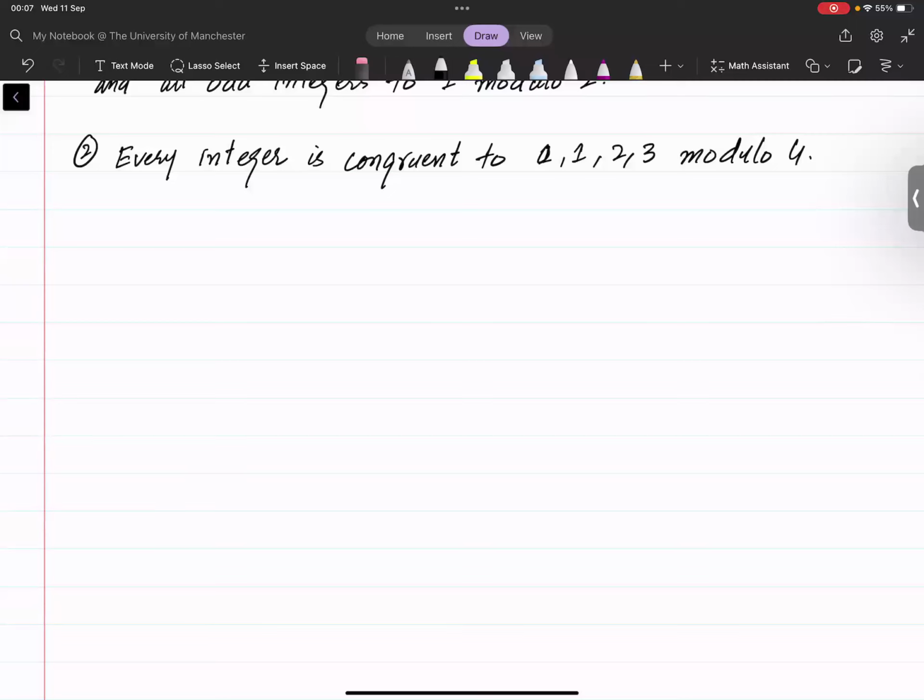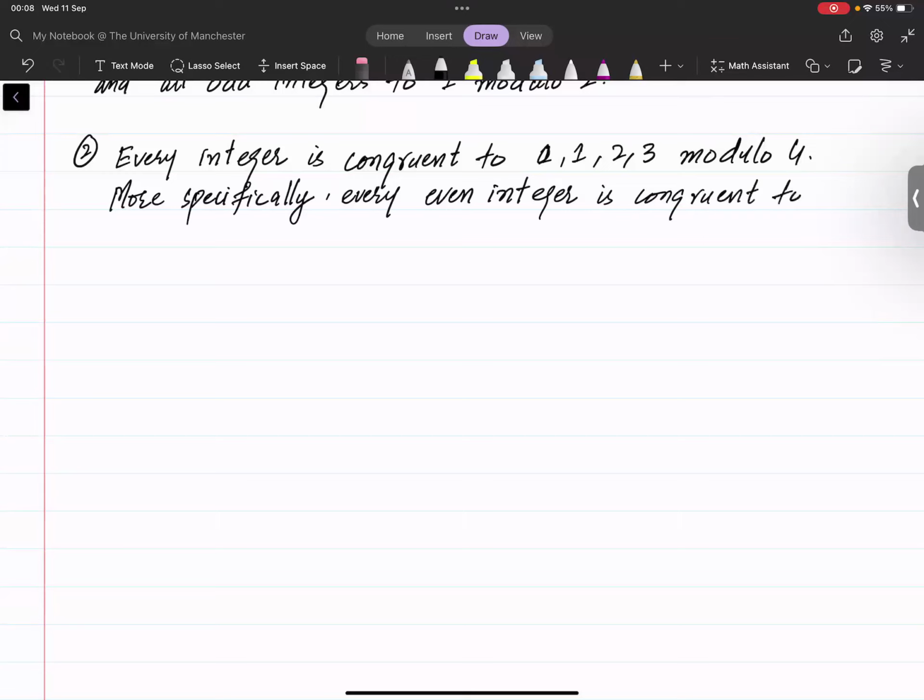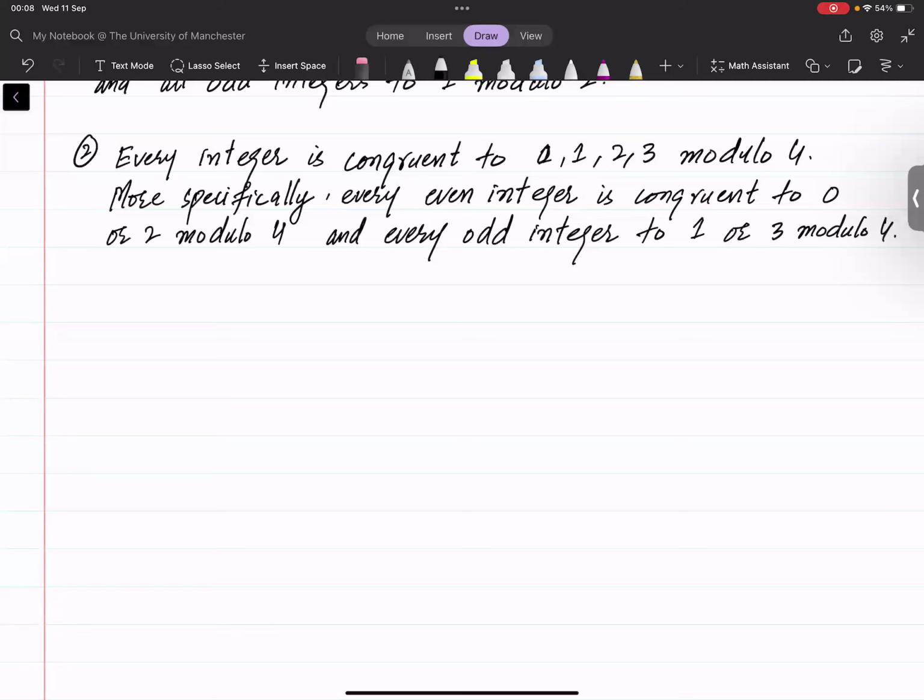More specifically, we can say that every even integer is congruent to 0 or 2 modulo 4, and every odd integer is congruent to 1 or 3 modulo 4. Perfect.